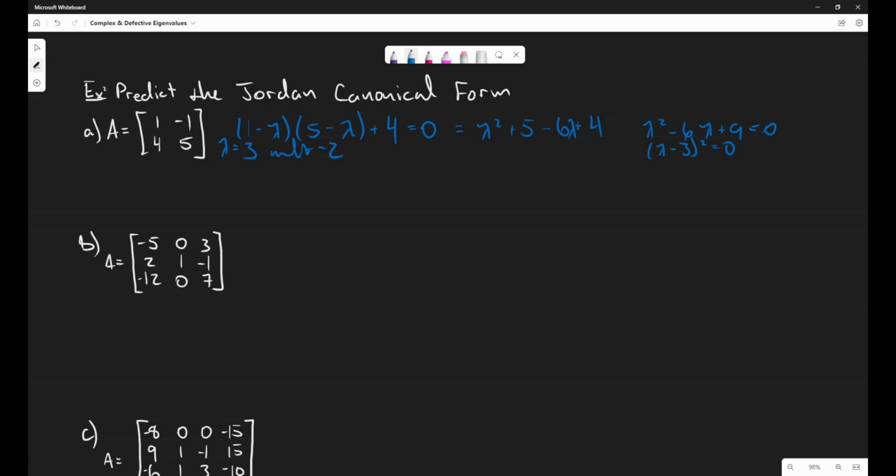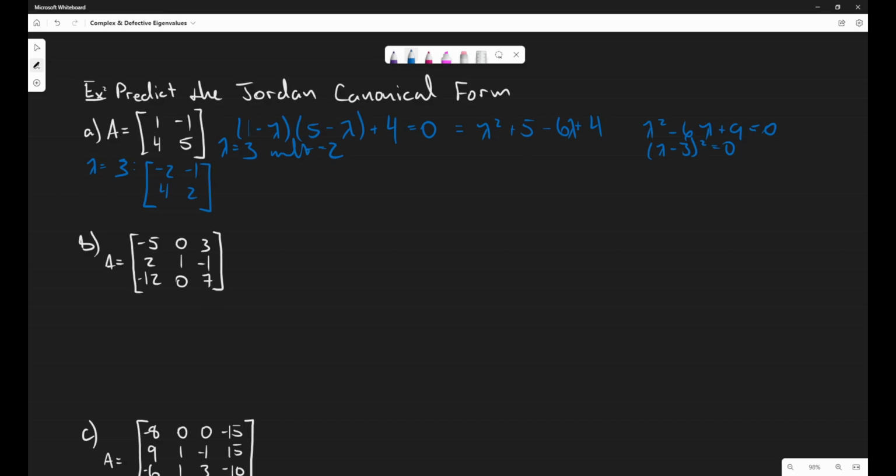So our eigenvalues are 3 with the multiplicity of 2. And so now what do we do? We plug our eigenvalue into the matrix. So far nothing new, we've done this 1,000 times. So we'll have 1 minus 3 is -2, 4, -1, 2. And then here's where things get different.